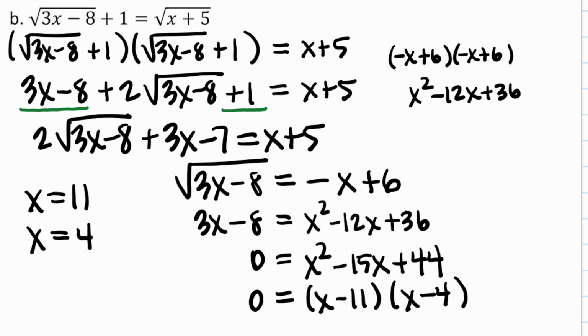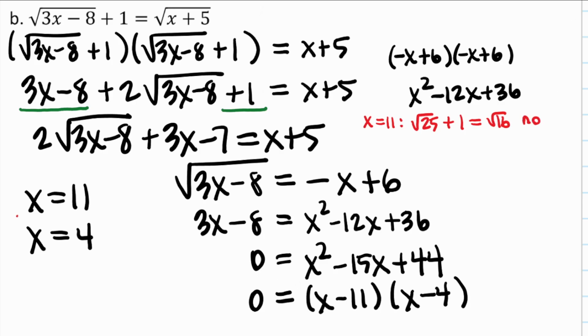I'm going to go off to the side. I'm going to have to write pretty small to do my checking, but I'll do that in red like I have been. X equals 11 is going to tell me 33 minus 8 is 25. So is the square root of 25 plus 1 equal to the square root of 16? No. That would be 5 plus 1 is 6, equals 4.